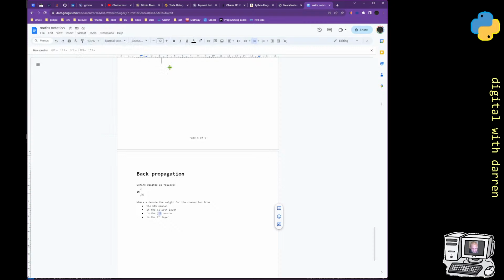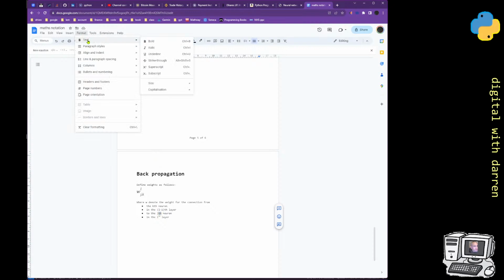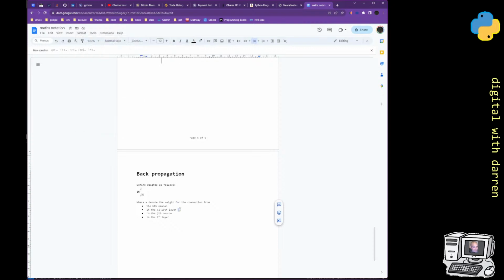So control dot. Oops, let's go back into the document there. Control dot. No, it didn't do it. Format text. Control plus dot should get you a superscript, but it's not doing that.